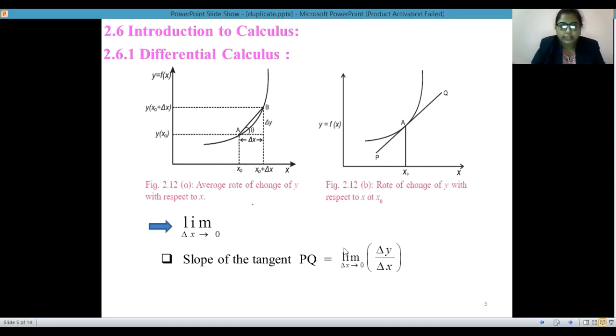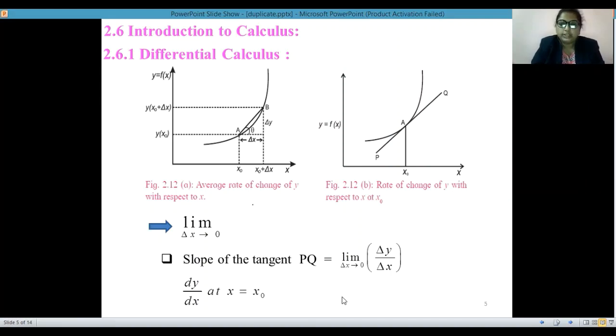This limit becomes the slope of the tangent, shown by PQ in this graph. This is written as dy by dx at x is equal to x0.